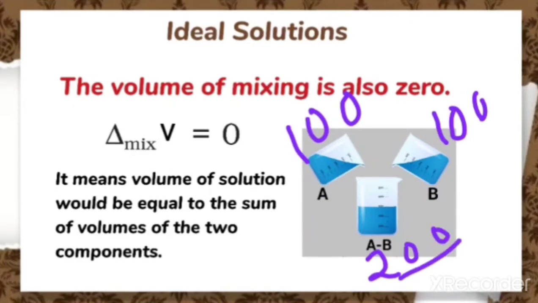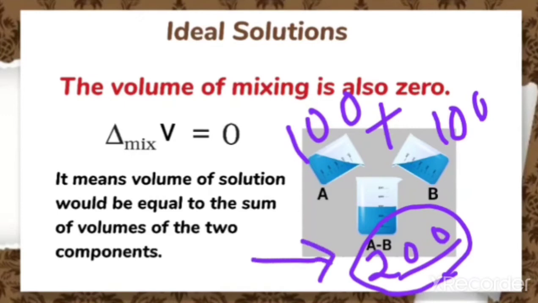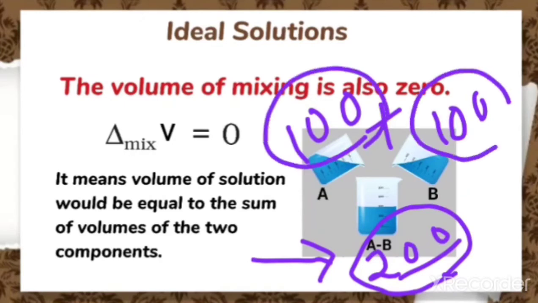In that case we can say that the volume of the solution is equal to the sum of the volumes of the two components, that is, volume A plus volume B.